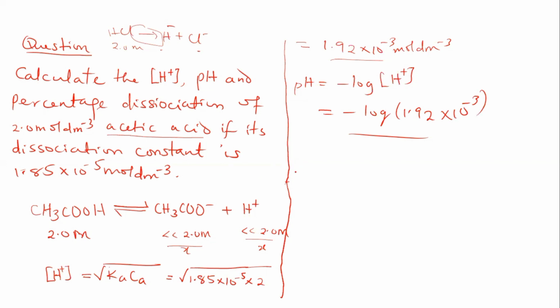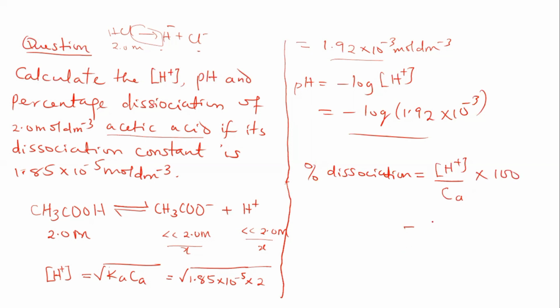Now, question number 3 asks for the percentage dissociation. Of course, the percentage dissociation is the concentration of the hydrogen ion divided by the concentration of the acid, multiplied by 100.